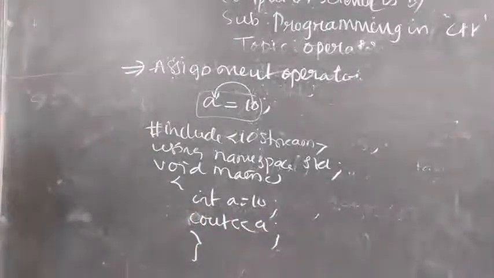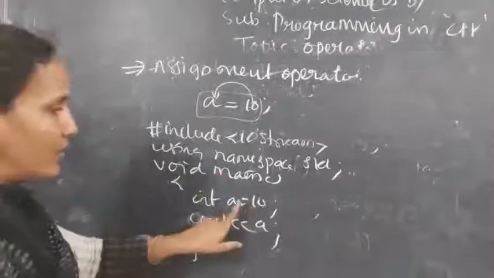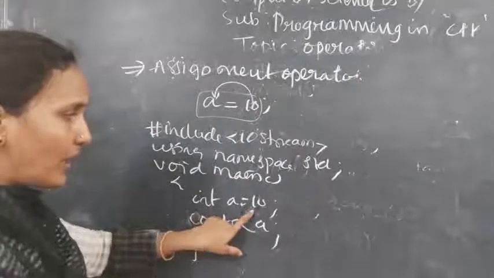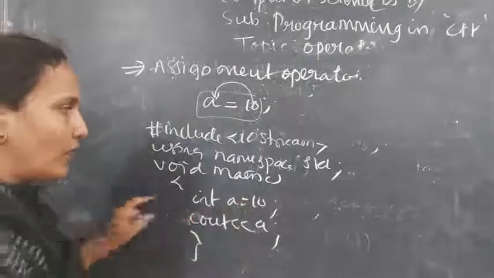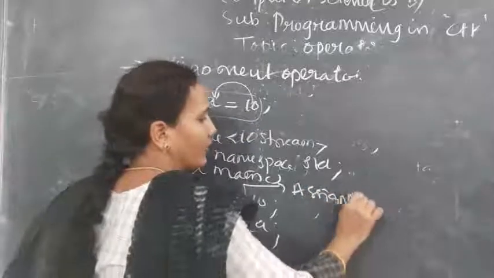This is an example program using an assignment operator. So here we are assigning 10 to a. Using which operator are we assigning? Equals to. So here equals to is called an assignment operator.